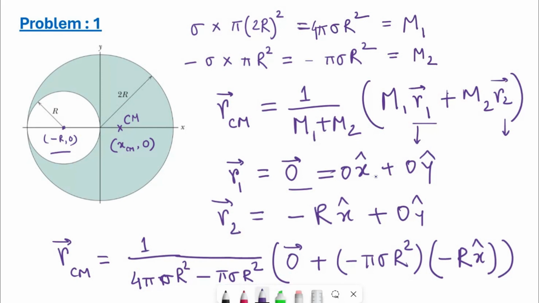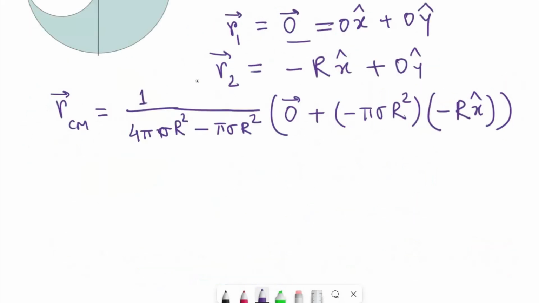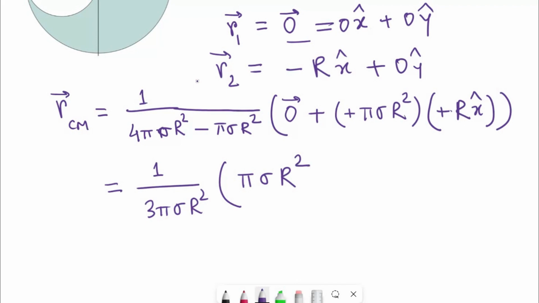So if we try to simplify that, this is where we end up. We have 1 over 3 pi sigma r squared times, so negative signs make it positive, and we have pi sigma r squared times r x hat.